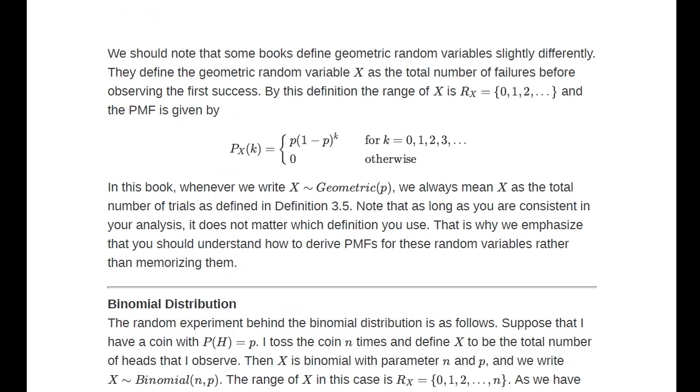In this book, whenever we write X ~ Geometric(p), we always mean X as the total number of trials as defined in Definition 3.5.